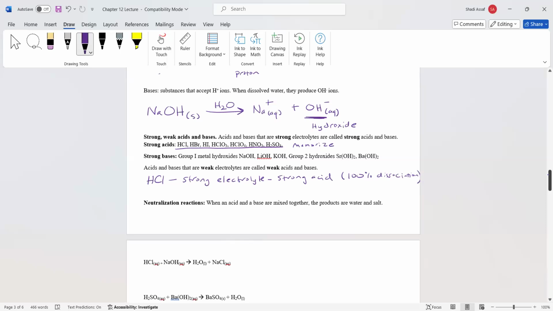Same thing with sodium hydroxide. On the other hand, if you have something like HF, which is not one of these in the list, then this would be a weak electrolyte, which is a weak acid. So you have less than 5% dissociation.